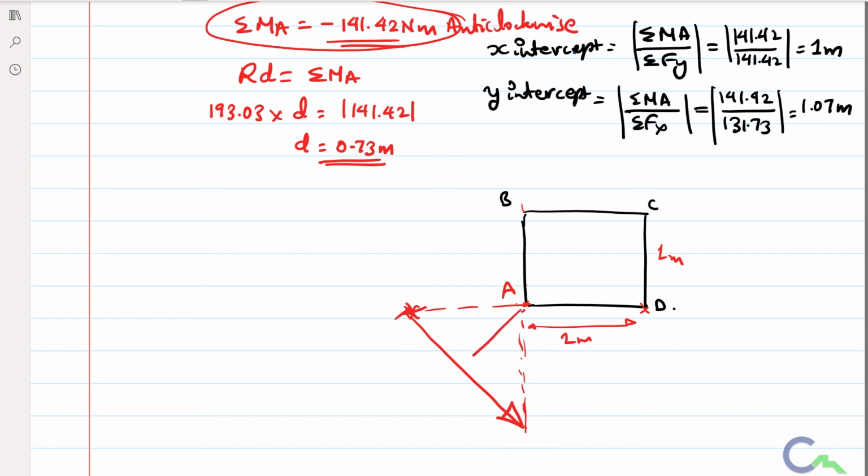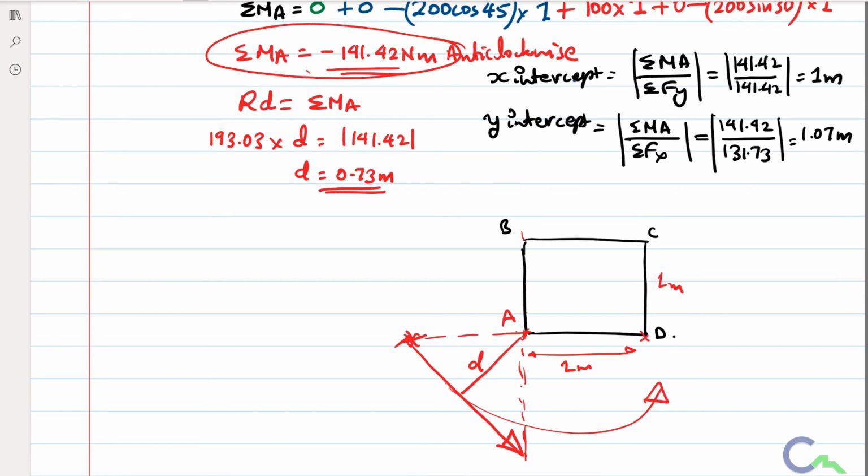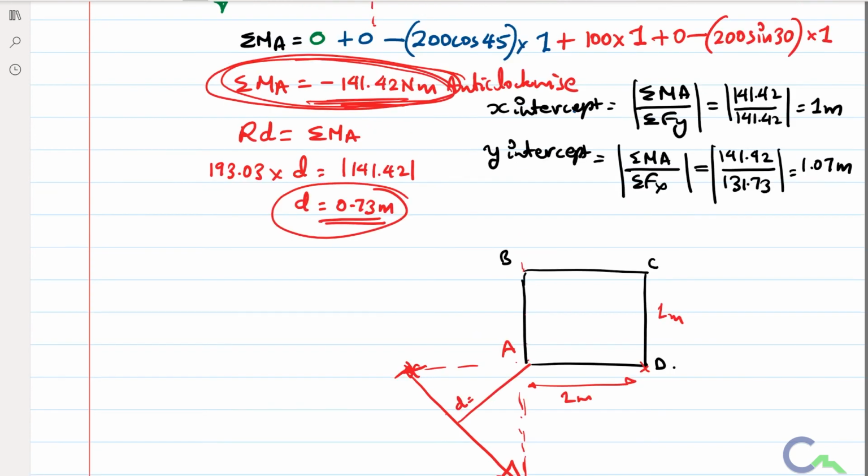I will take this as moment arm, that is D. This is A. If I apply this force about A, it is going to rotate in anti-clockwise direction. The value whatever I wanted to calculate is minus only. Therefore, my imagination is correct. This is the proper way of locating this force. Therefore, D is equal to 0.73.